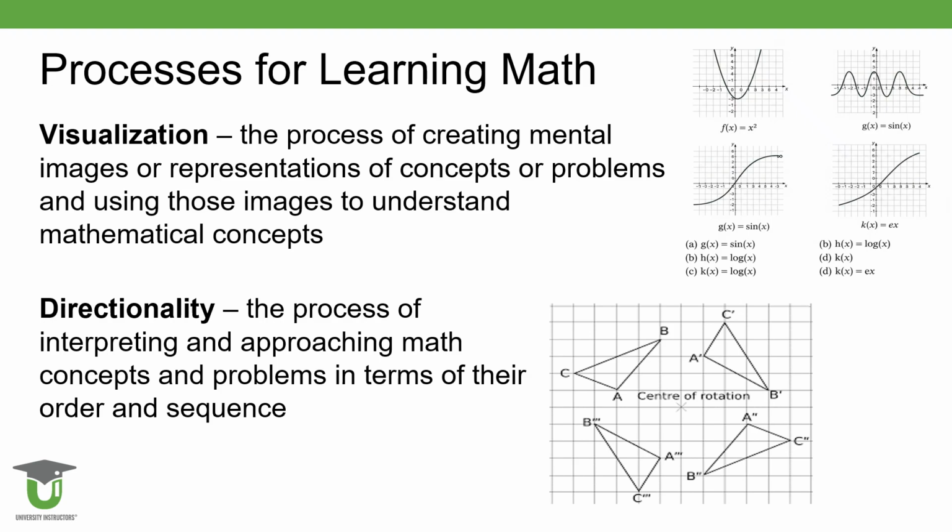In math, visualization is important when reading and interpreting graphs and making predictions using the existing data to determine values not represented on the graph. Directionality starts to become especially important in the ability to rotate, reorder, and mentally navigate an object.